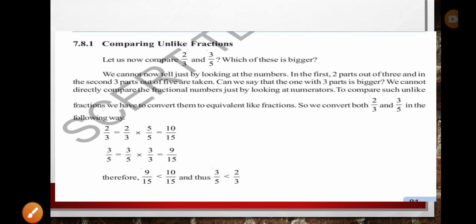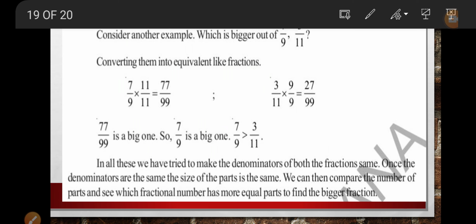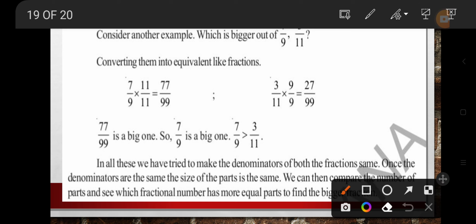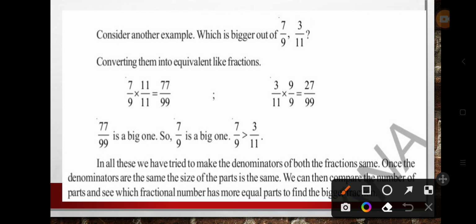Next, comparing unlike fractions. So how will we compare unlike fractions? Suppose if you are taking unlike fractions, we have to do cross multiplication. Once you learn this, check this. So 7/9 and 3/11, we have to compare these.